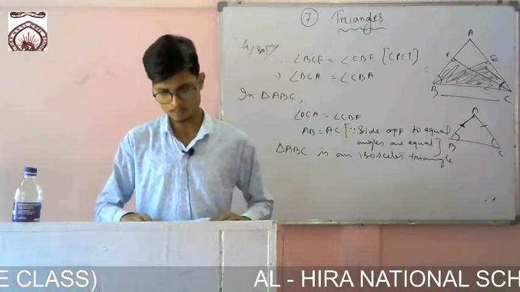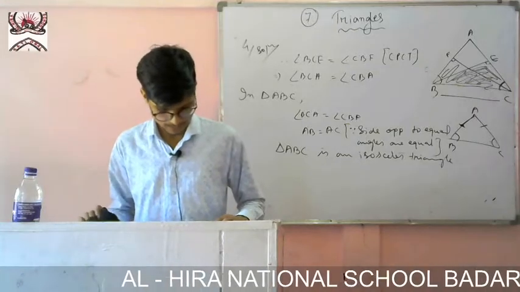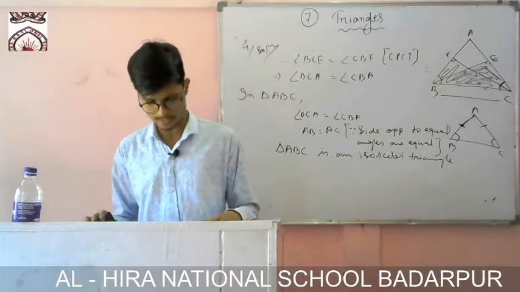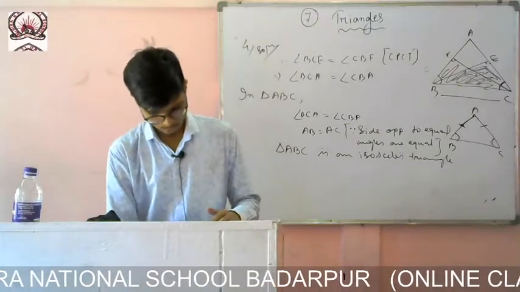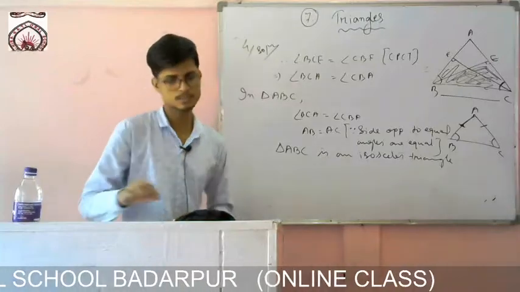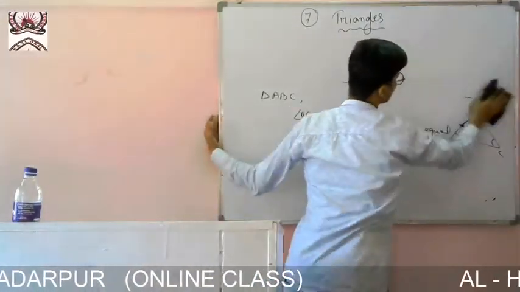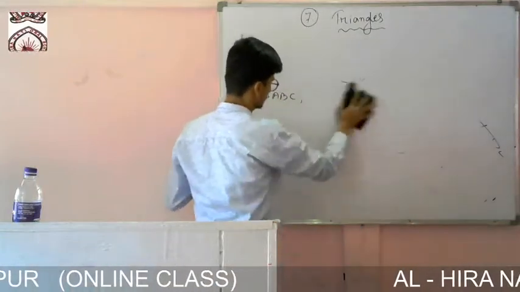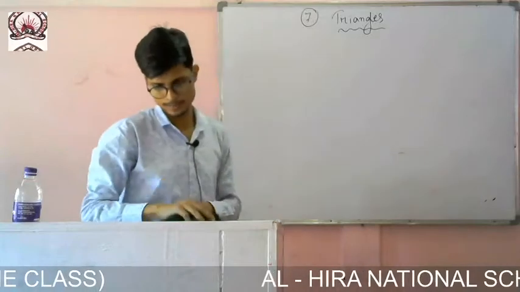So now let us move to question number 5. ABC is an isosceles triangle in which AB equals AC. Draw AP perpendicular to BC to show that angle B equals angle C. Very easy. Just prove it and solve it.